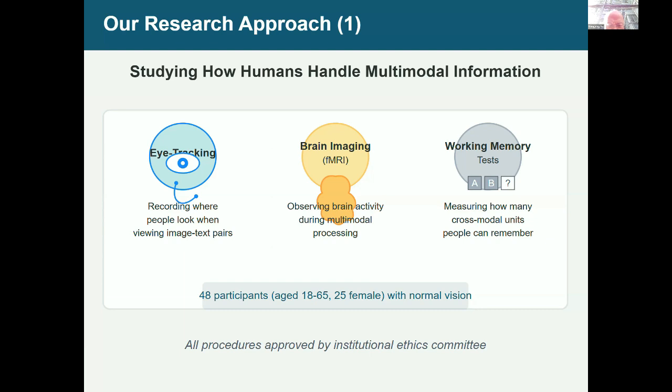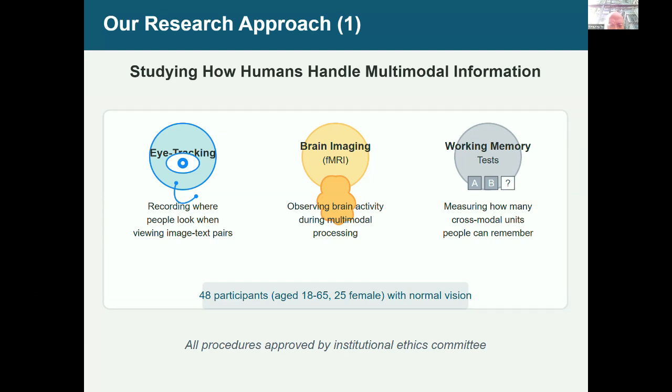This helps us understand how attention moves between related elements. We use functional MRI to observe brain activity during multimodal processing, showing which regions activate and how they communicate.